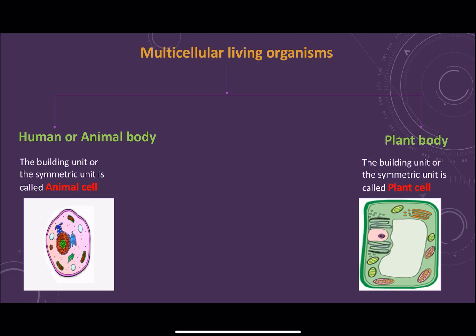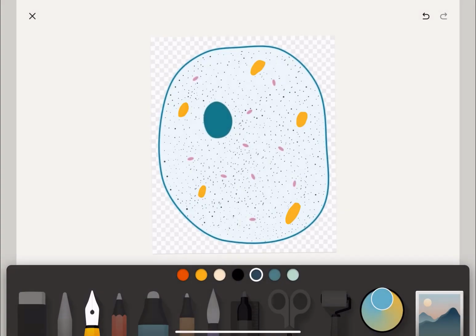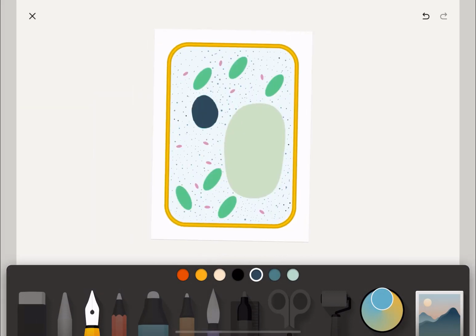Now I will explain the structure of plant cell and animal cell. This is the structure of plant cell. This word is called nucleus.